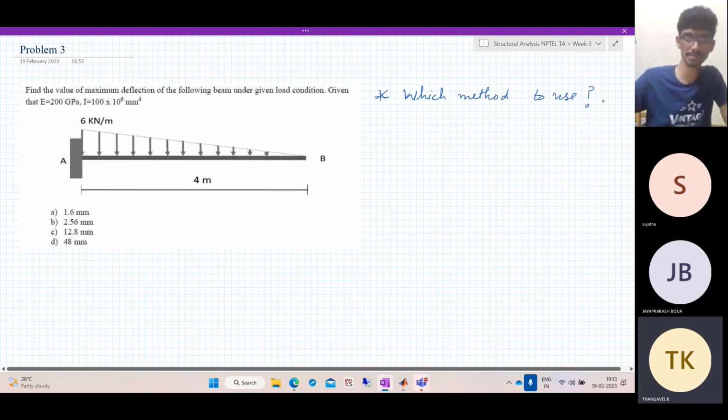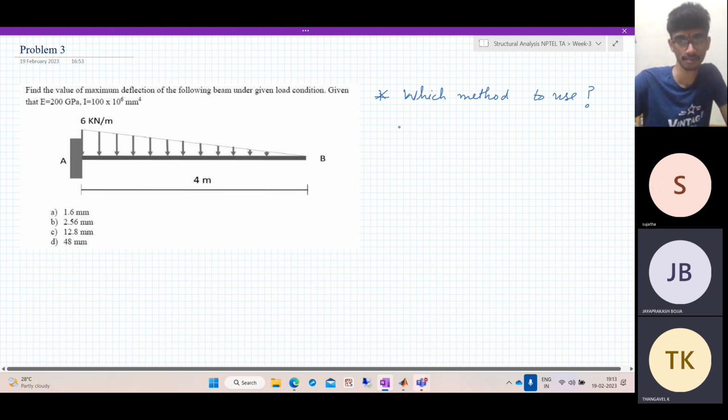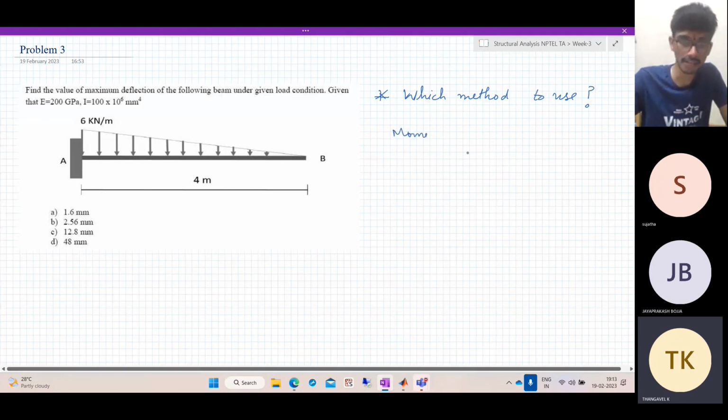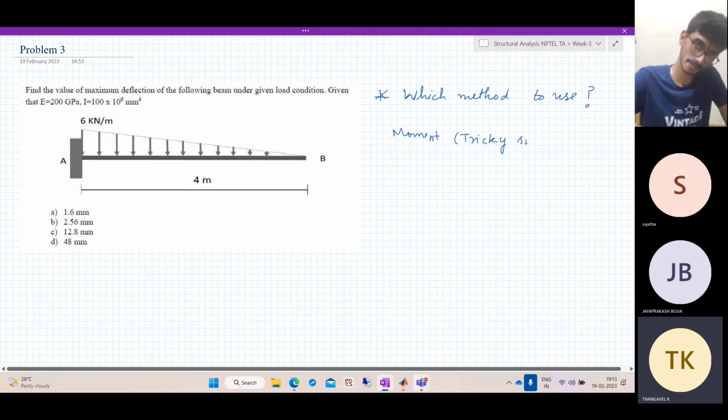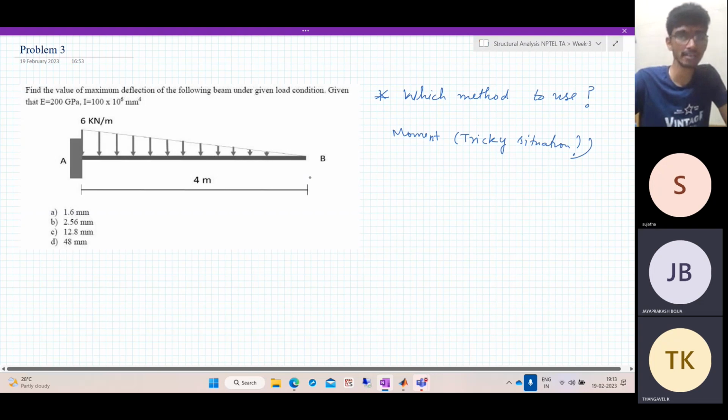Can we use the moment area method? Yes, you can. We can use the moment area method, but there's a trick. There's a tricky situation. Why?